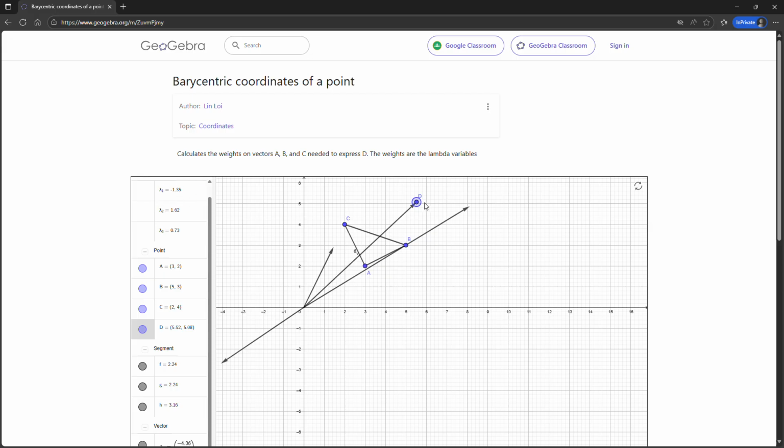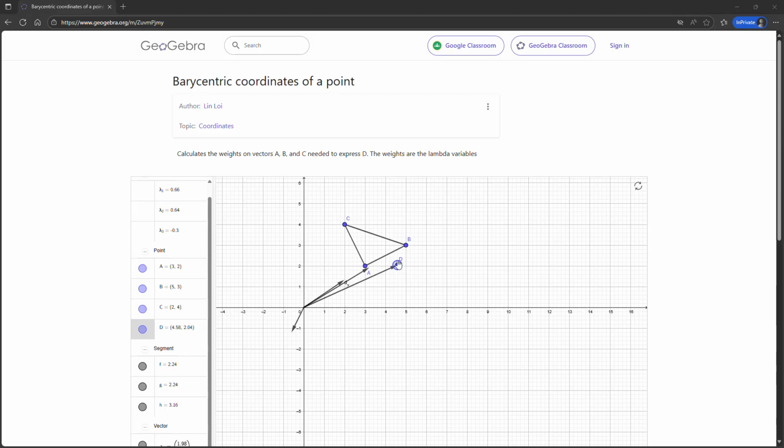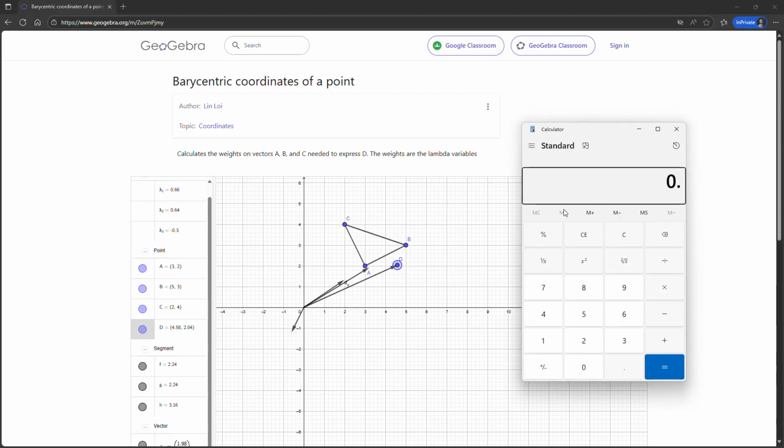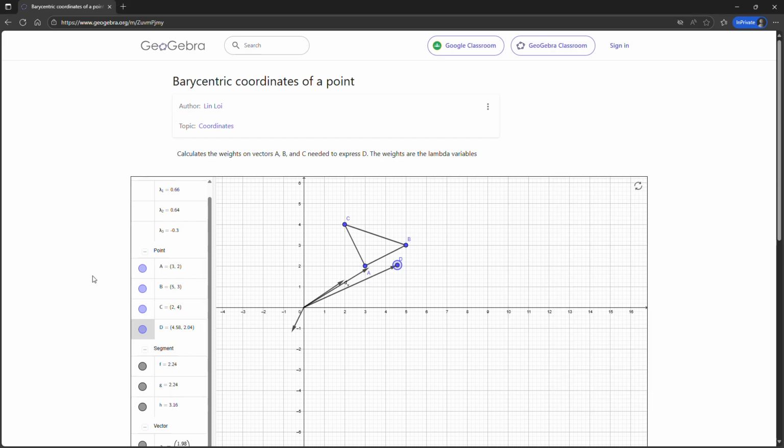And in fact, all of these values break our rule, right? Because there's a negative somewhere.